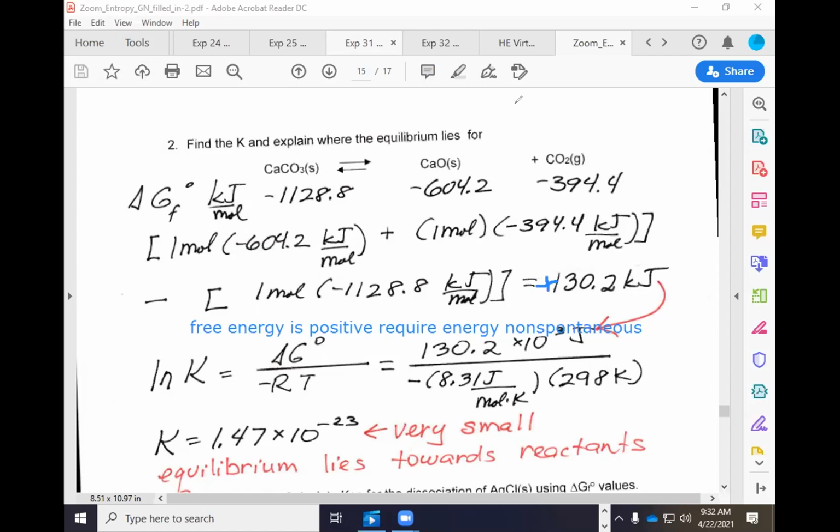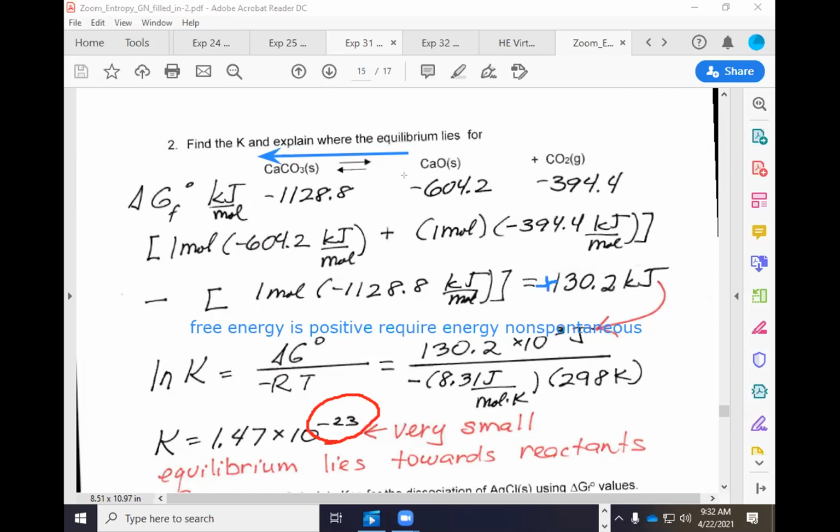And we could show that if it's non-spontaneous, according to the delta G, the equilibrium lies this way. And then according to our KEQ, it's very small.